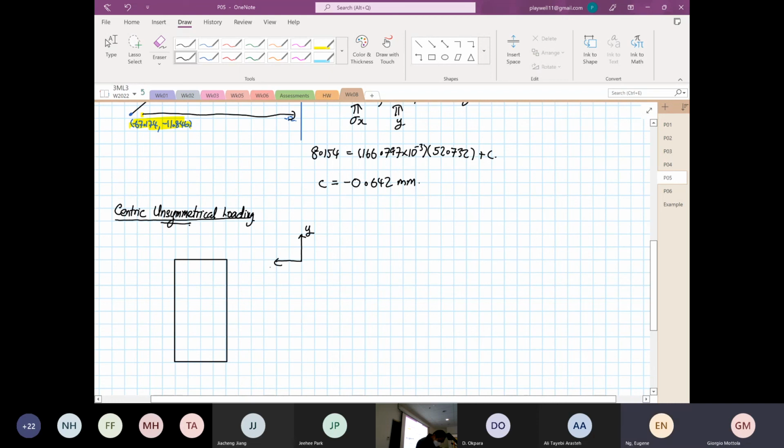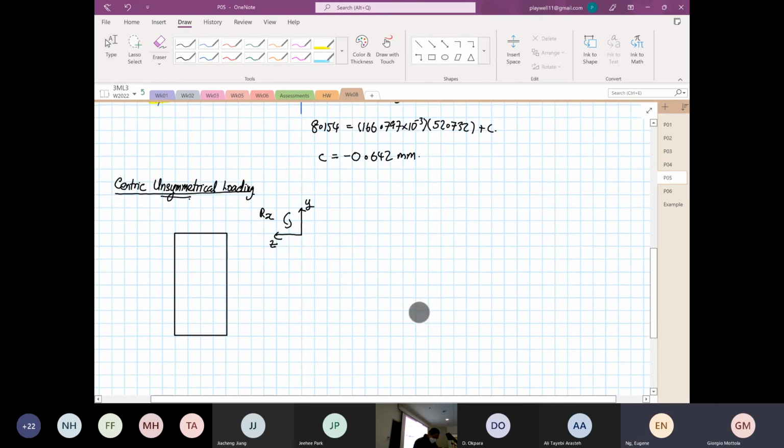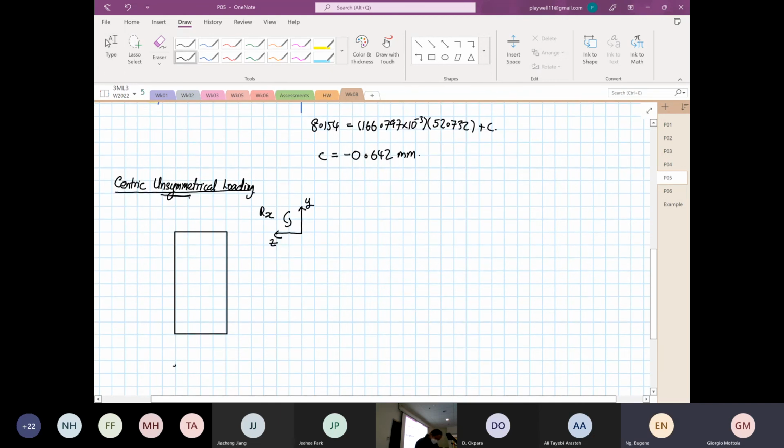This is our Y, Z, rotation in the X. So what we are viewing now is the cross-sectional view. Then I'm going to sketch our centroid on both axes.